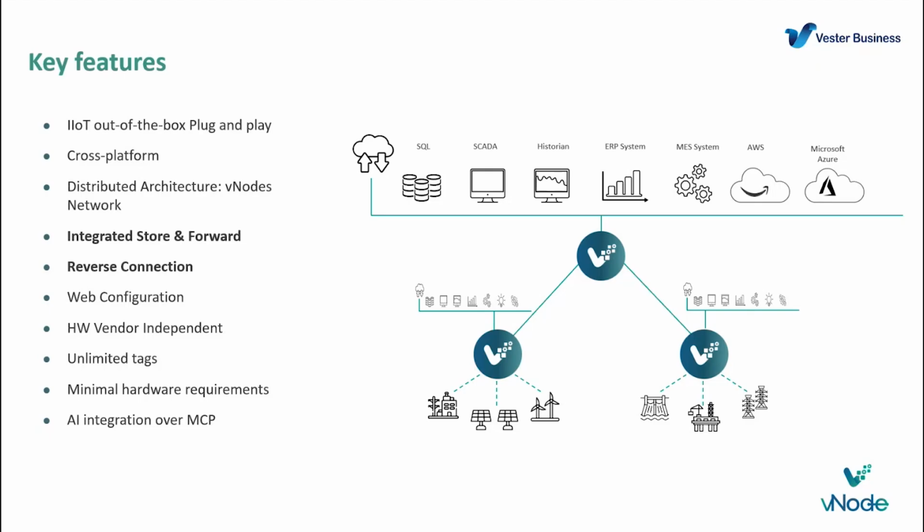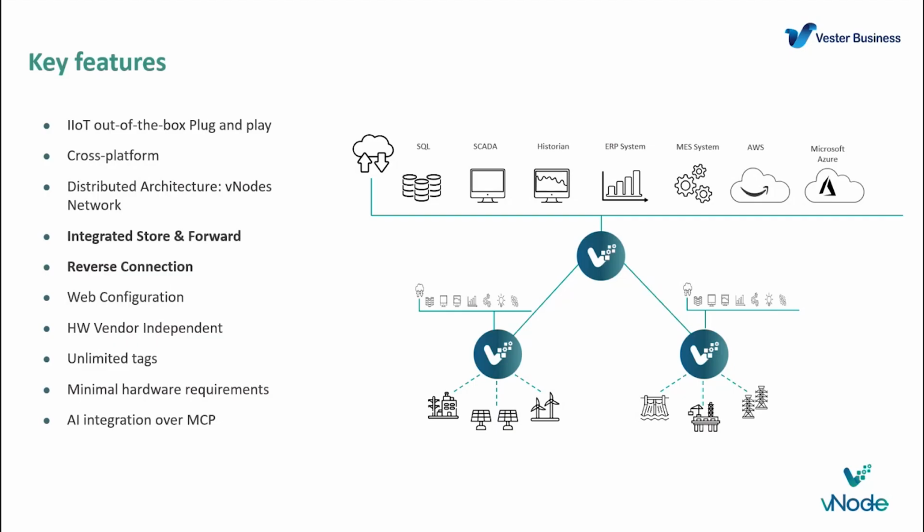Every single time the connection between vNode and the end application, which is a database, is lost, we enable store and forward automatically, and all the data will be buffered in a specific database internally on vNode. When the connection is restored, all the information will move up to the end application one by one with the same timestamp.